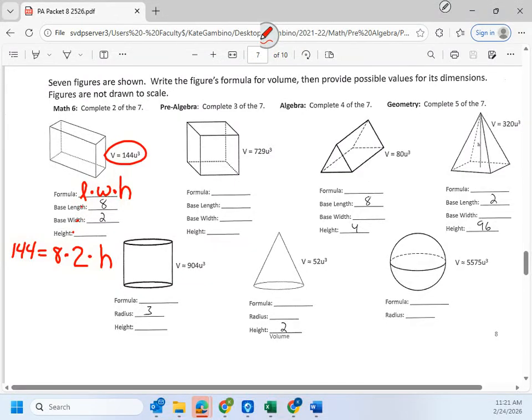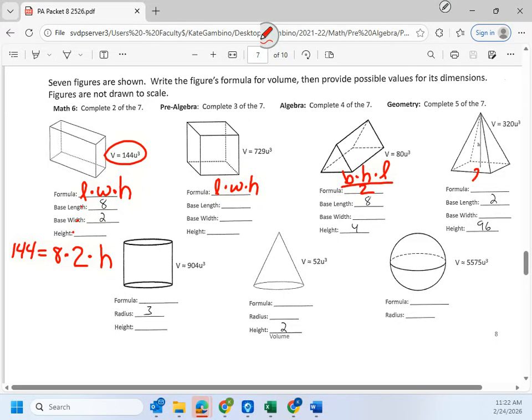For a cube, length times width times height, but they all need to be the same number. Then we have the triangular prism is the base times the height times the length divided by 2.